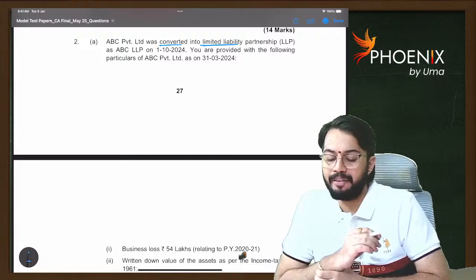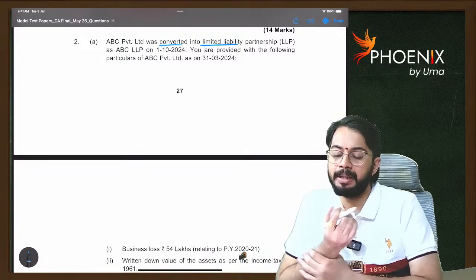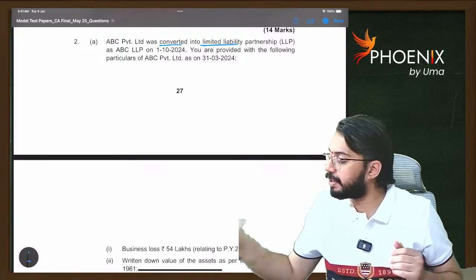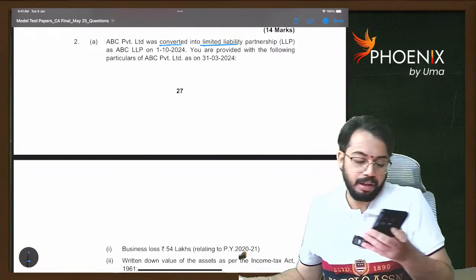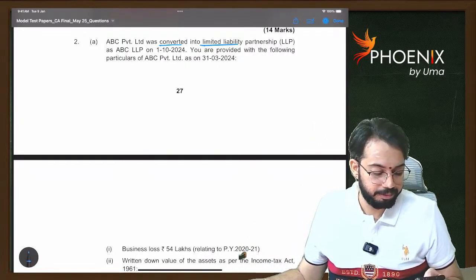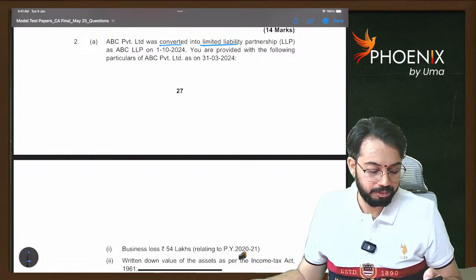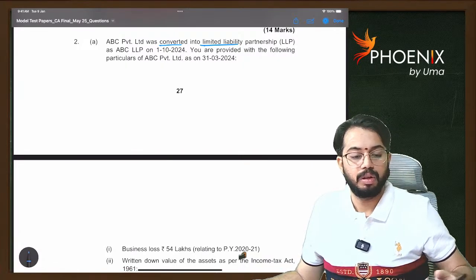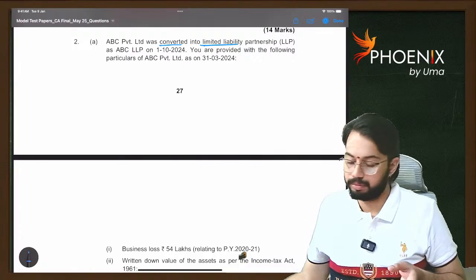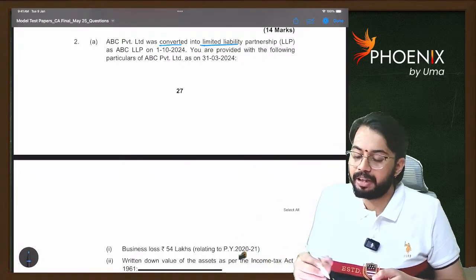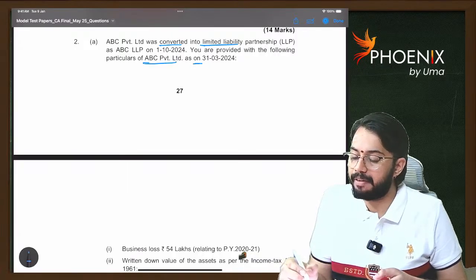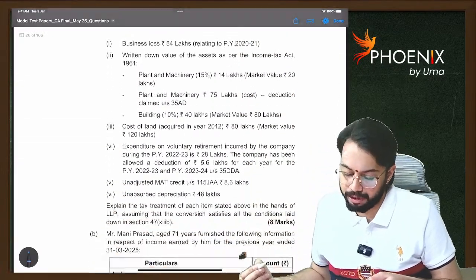You are provided with the following particulars of ABC Private Limited as on 31st March 2024.